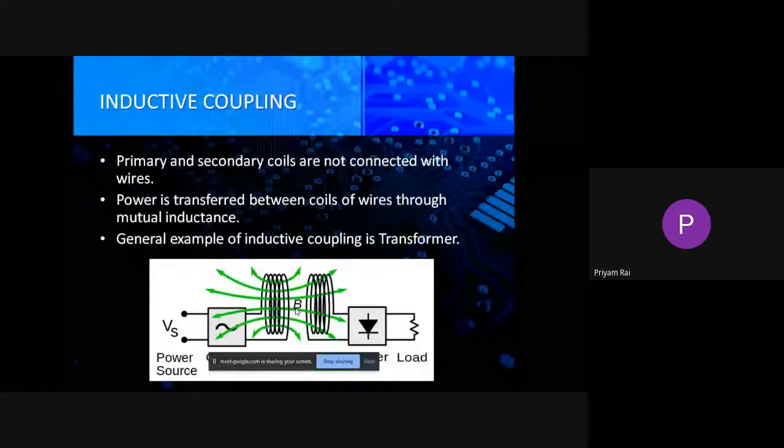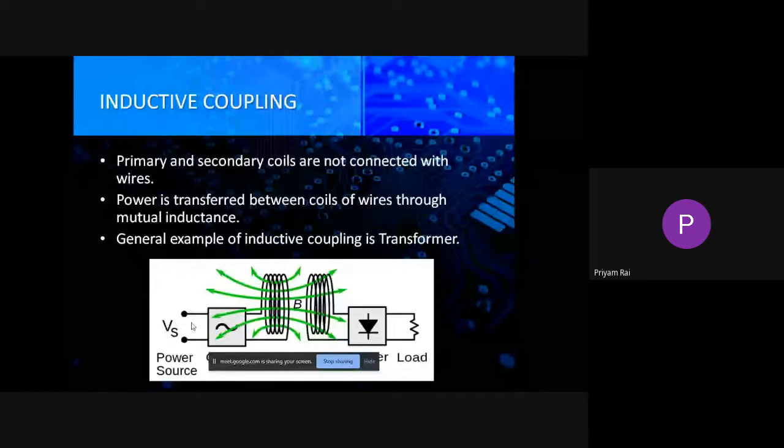An AC through the transmitter coil creates an oscillating magnetic field. Here you can see the transmitter coil is connected to a power source, and the source is alternating current, and it creates an oscillating magnetic field.